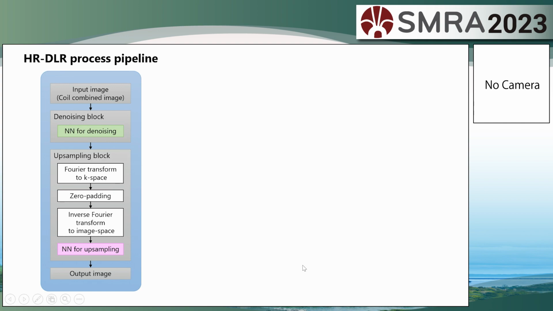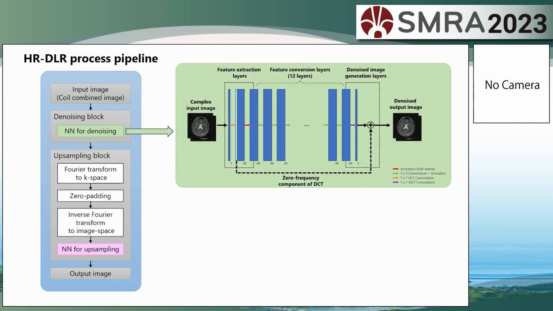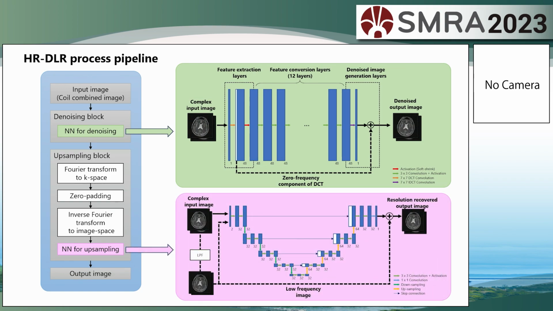So this is the high-resolution deep learning reconstruction pipeline. The pipeline is briefly separated into two blocks. The first neural network process is a denoising block for reduction of the noise signals. The acquired k-space data is transformed to a complex image with coil combination and Fourier transform. The complex valued image is input to the first neural network for denoised images.